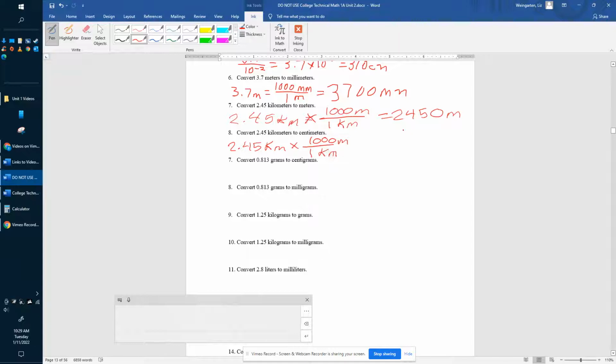And then I'm going to figure out how many centimeters are in a meter. So I'm going to put meters on the bottom and centimeters on top. There are 100 centimeters in 1 meter. So we're going to take 2.45, multiply it by 1,000, and then multiply it again by 100. We're going to add 5 zeros, so moving our decimal place 5 times. 1, 2, and then we'll add 3 zeros to the end.